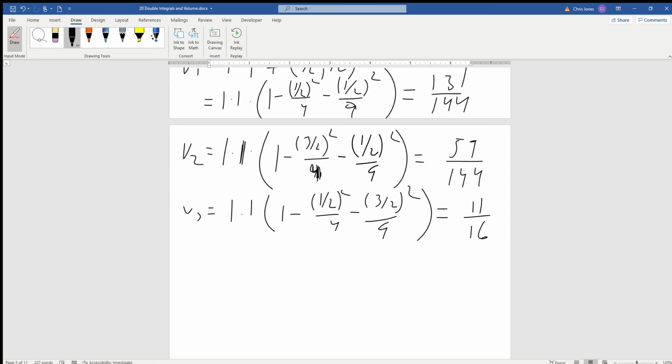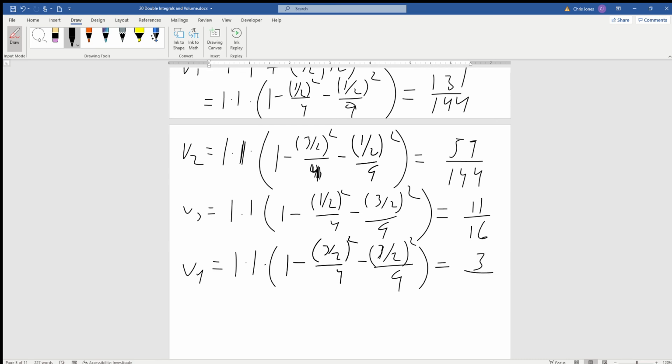And then finally V4, delta x times delta y, length times width, is 1 times 1, times 1 minus (3/2) squared over 4 minus (3/2) squared over 9, and that equates to 3/16.